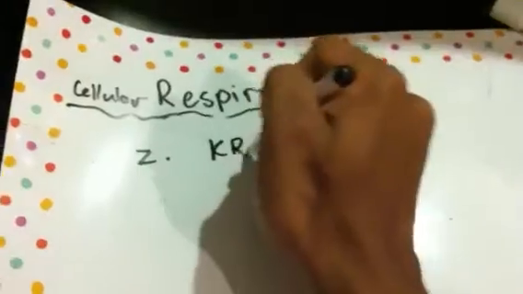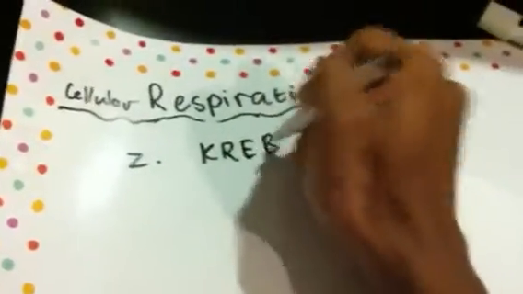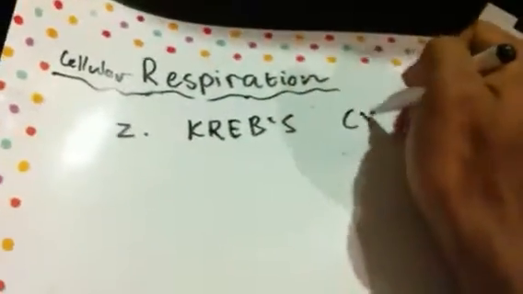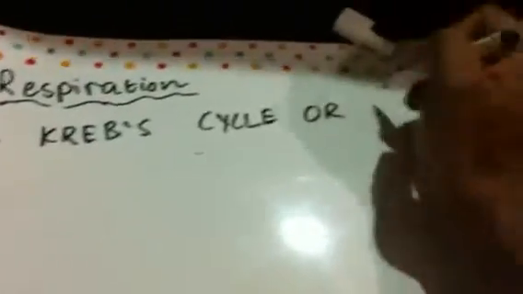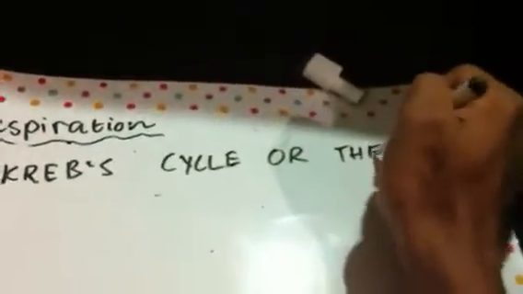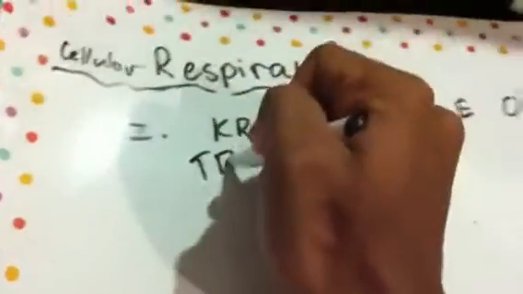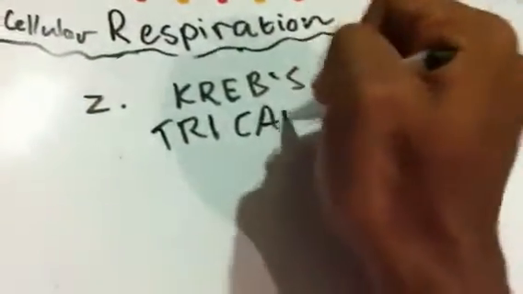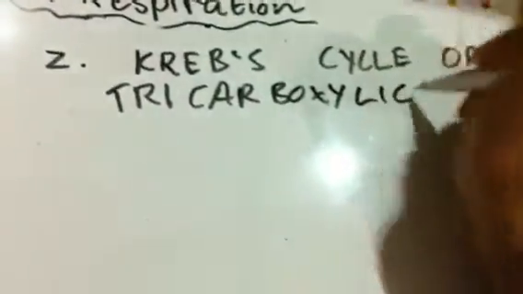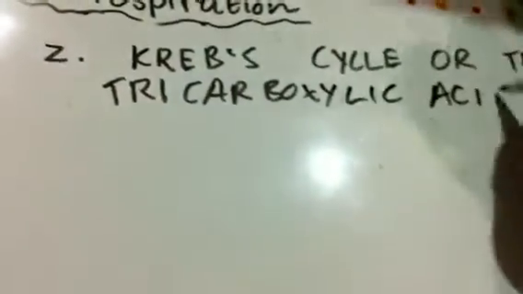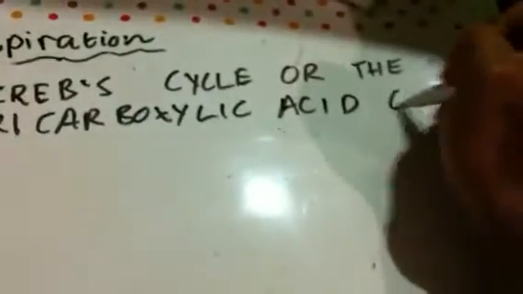So the second step is known as the Krebs cycle, or the tricarboxylic acid cycle.